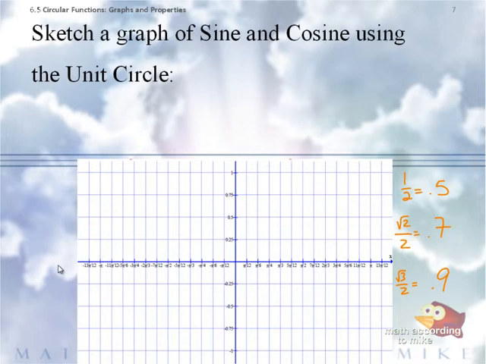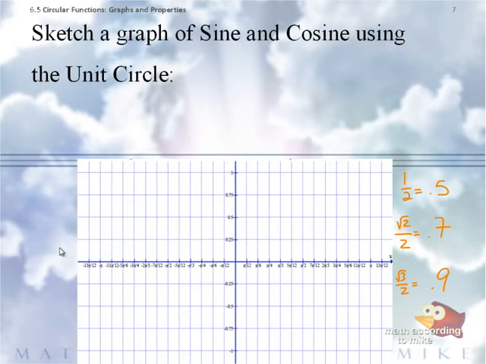Okay, so let's look at the first angle measurement, which is 0 degrees or 0 radians. At 0 radians, what is the corresponding sine value? In other words, what's the y-coordinate at 0 radians? 0.